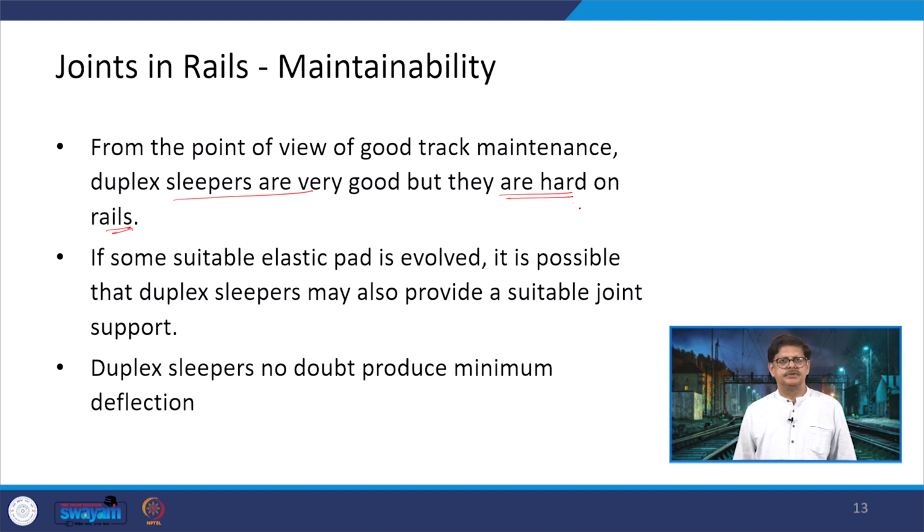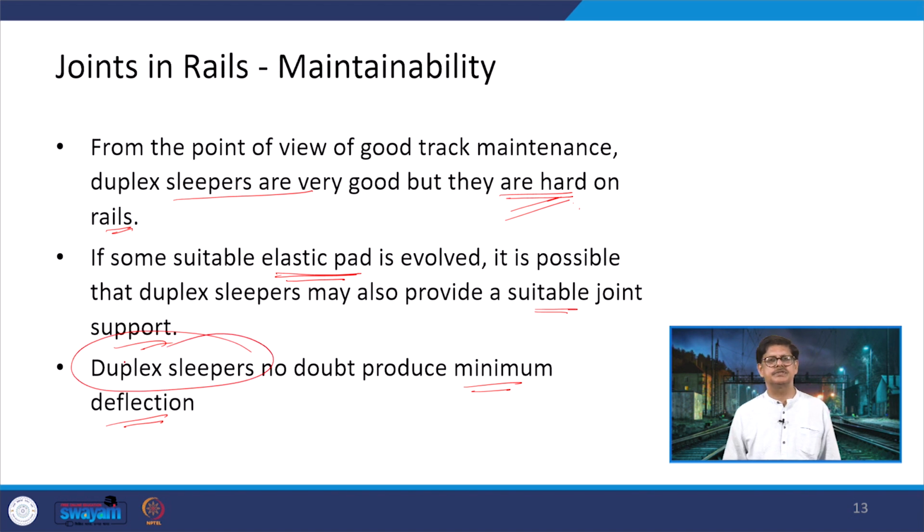Now, if a suitable elastic pad is provided, then the duplex sleepers can be provided with a suitable joint support. With the elastic pad, this hard interaction between the sleeper and the rails will not be there, and these duplex sleepers no doubt produce the minimum deflection. This is also a positive side with respect to the duplex sleepers.